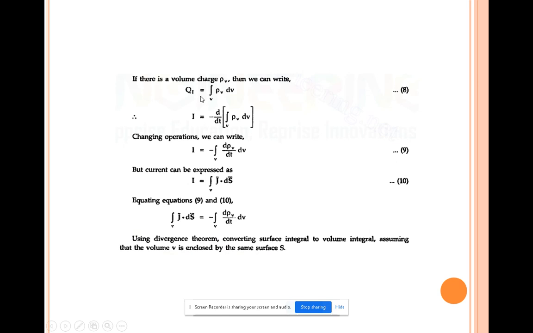So if we have to write it for volume, you can write the charge as qi equal to integral of rho v dv. Okay, this is the charge equation you will know from physics. Charge equal to integral of rho v dv.